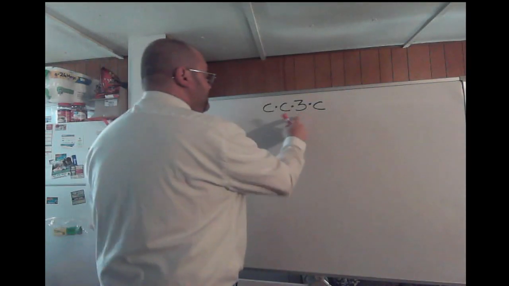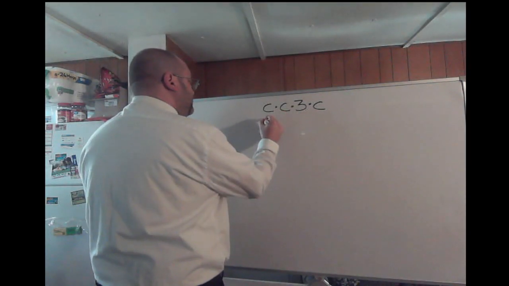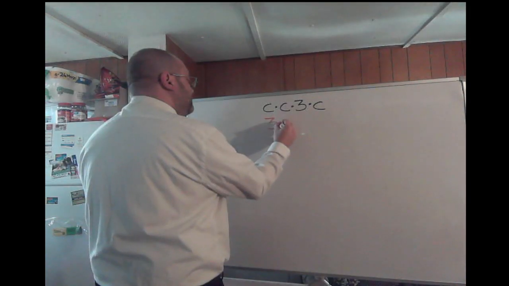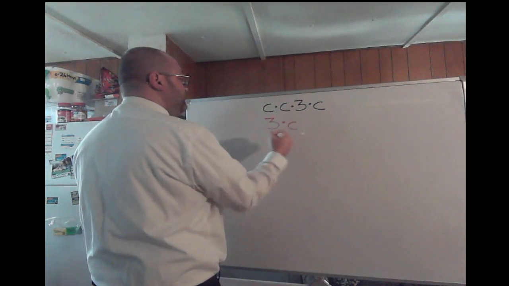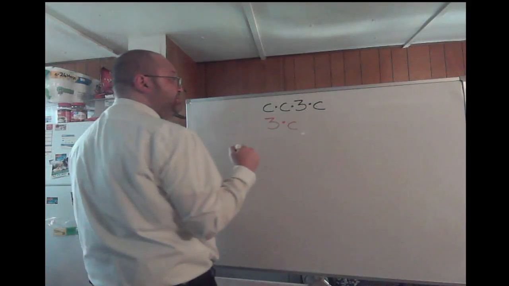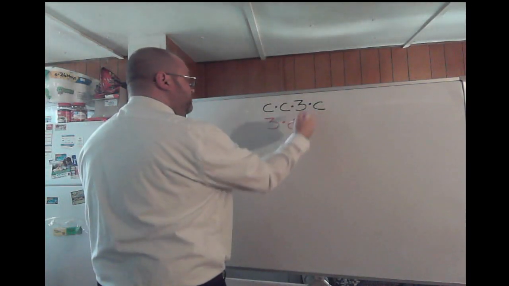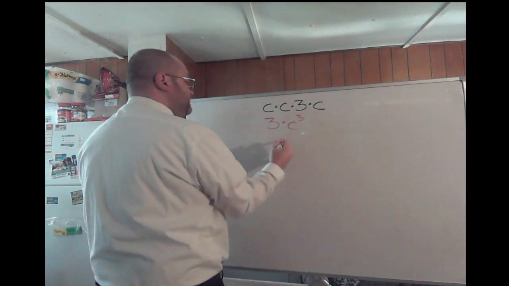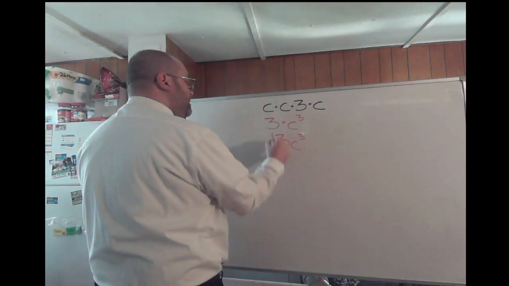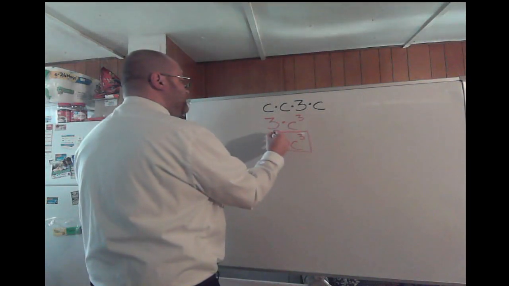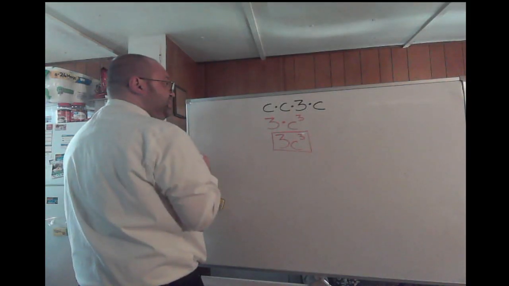We just have that constant of 3. So that constant of 3 is going to hang out, become part of the multiplication. So you have 3 times the base of c. Now how many times is c being multiplied? 1, 2, 3. So you have 3 times c to the 3rd, which would just simply be 3c to the 3rd. So to write this in exponential form, it would be 3c to the 3rd.